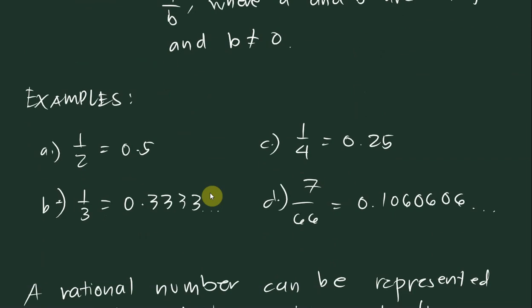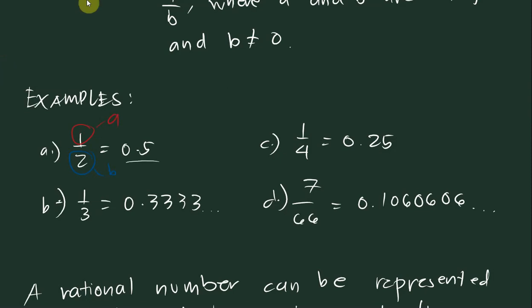So for example, 1 over 2: 1 is our a and 2 is b. And this is the result, 0.5.